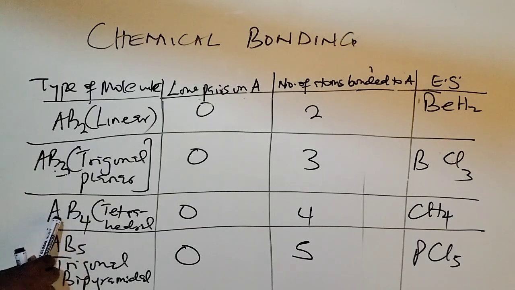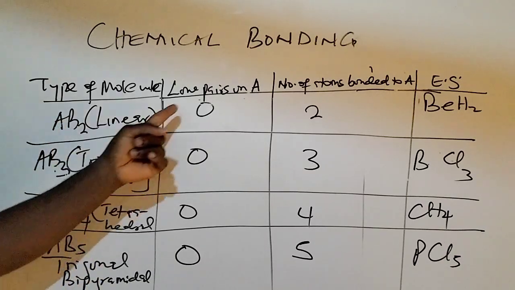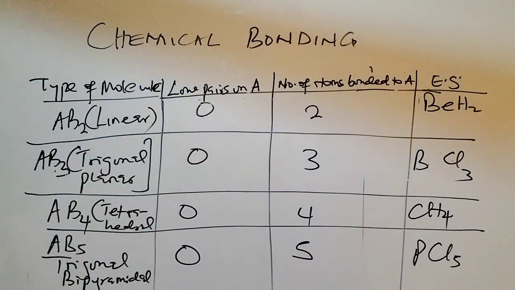Four atoms bonded to the central atom gives you tetrahedral shape, like in methane. Five atoms bonded to the central atom A is trigonal bipyramidal. Mind you, the central atom must have no lone pair for this to work. So any molecule that conforms to any of these configurations will have the required shape as we listed them on the whiteboard. Having done that, we're going to look at another example.